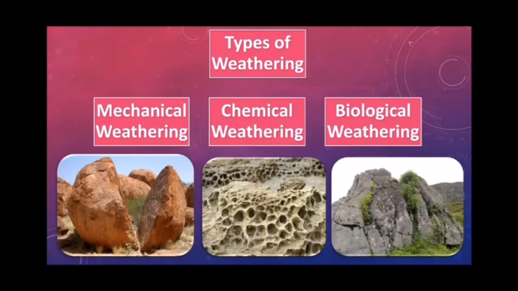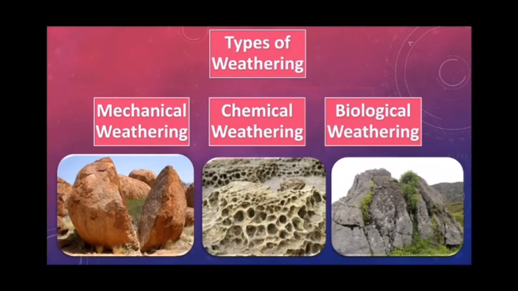Now children, weathering can be of three types. First is mechanical or physical weathering. Second is chemical weathering. And third is biological weathering. Mechanical weathering occurs mainly in arid climates, that is, in regions that are too dry and do not receive rain.